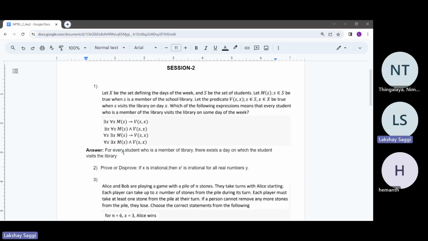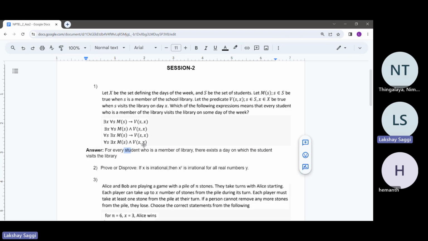First of all, we want it for every student, so there should be a quantifier for all students, right? So for all students S, there should exist a day X such that student S... let's look at option D first.